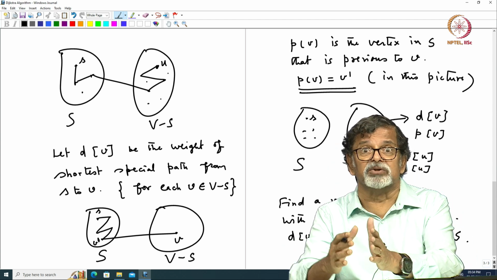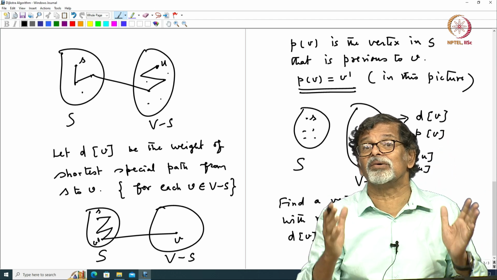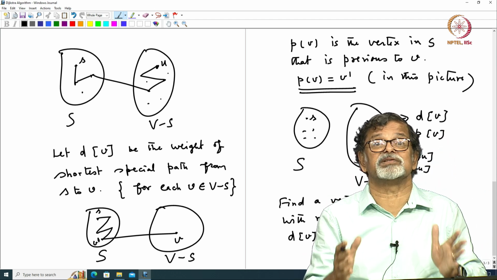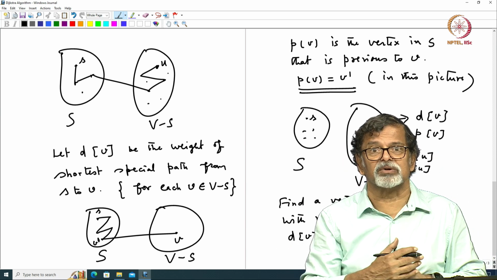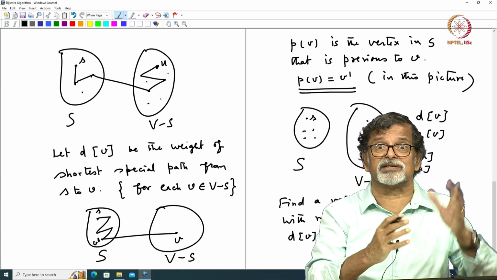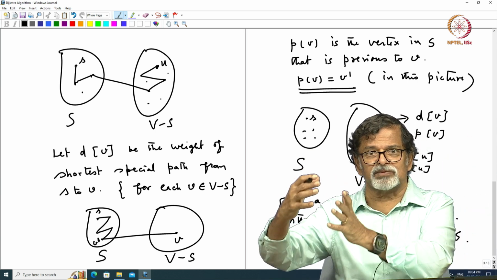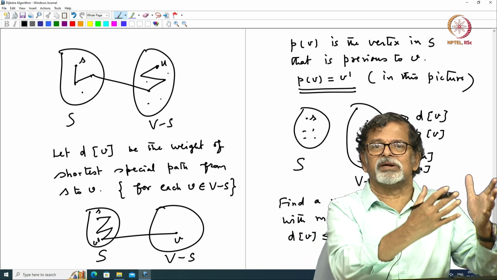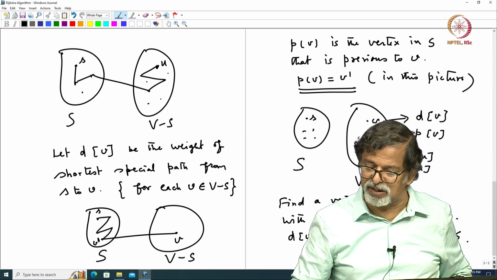Once the delta value is known, we move it to S, because S is collecting all the vertices for which the delta values are known. That means V minus S will shrink by one and S will grow by one. In each iteration, V minus S will keep becoming smaller, and S will keep becoming larger by one vertex.